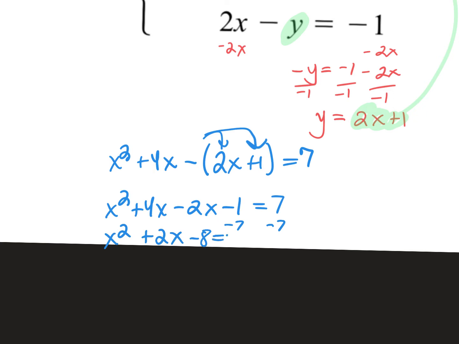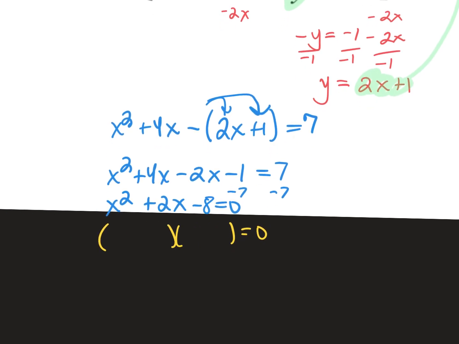So minus 8 equals 0. Can I factor this? Yeah. What are the factors of negative 8 that would give me a 2 when I add? Negative 2, positive 4. Agreed. So I get x equals 2 and x equals negative 4.